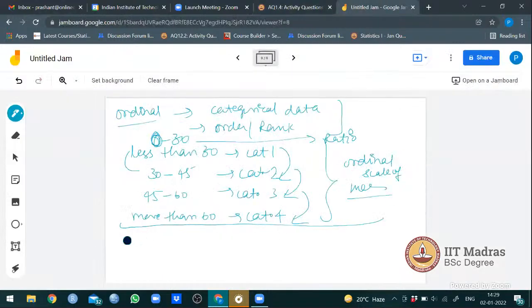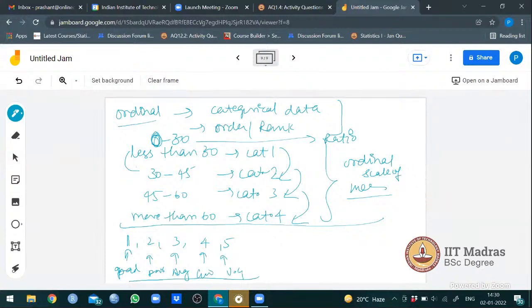There is a rating of 1, 2, 3, 4 and 5. See, coding is not mentioned. Did you code 1 as bad, 2 as poor, 3 as average, 4 as good, and 5 as very good?